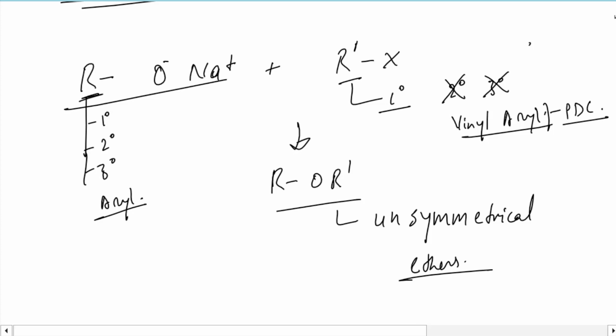In case of secondary and tertiary, there is elimination and alkene is formed. In presence of such a bulky base, RO- Na+, elimination reaction takes place and alkene is formed. Hence, the reaction is preferred only for primary halides. So that's about Williamson ether synthesis.